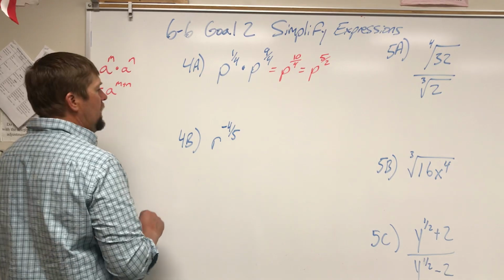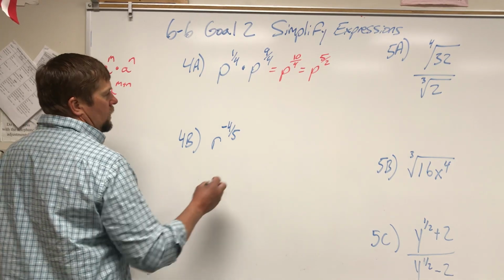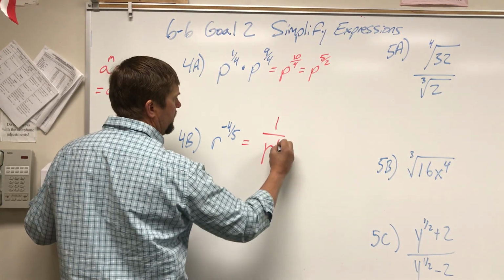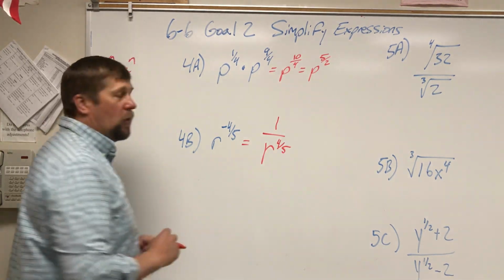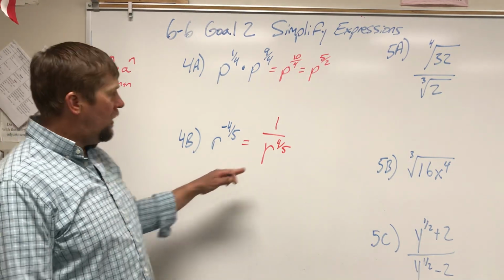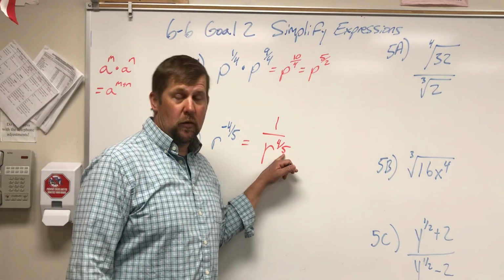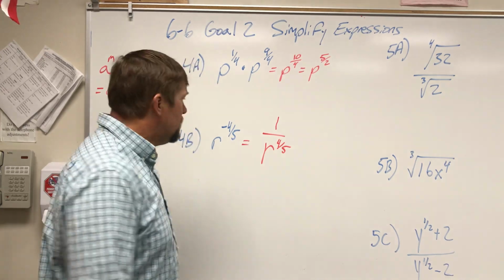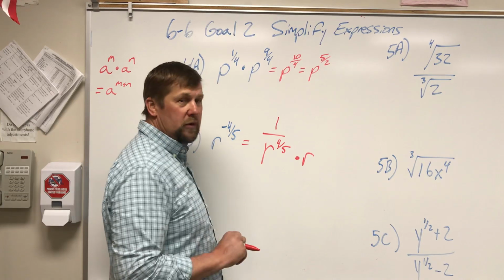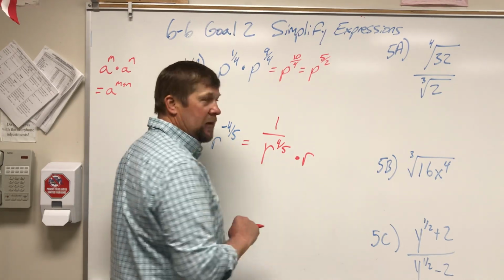Here, this one, we have 1 over r to the 4/5, but according to simplification rules, you're not supposed to have a rational exponent or radical in the denominator. So I would need to multiply by something that would give me a whole number exponent in the denominator.